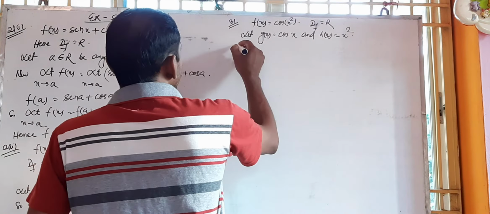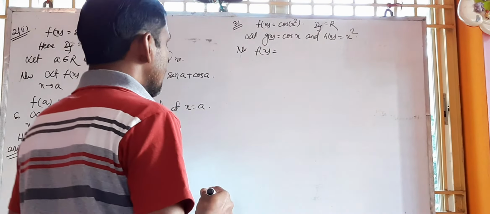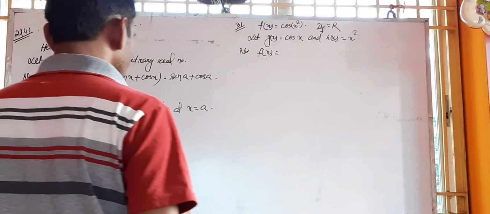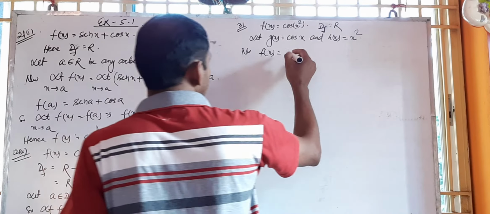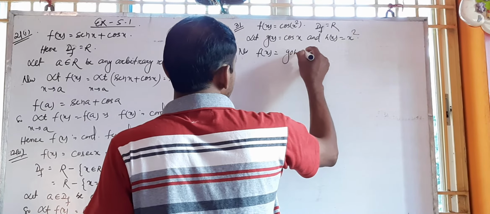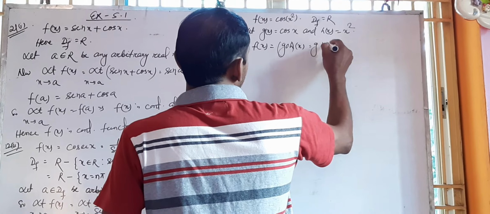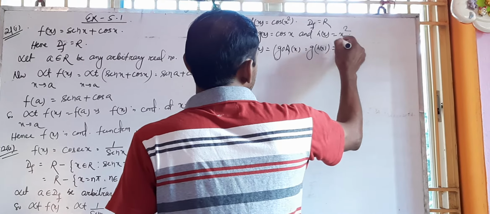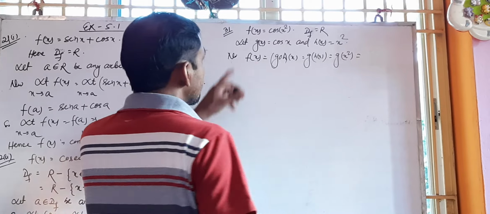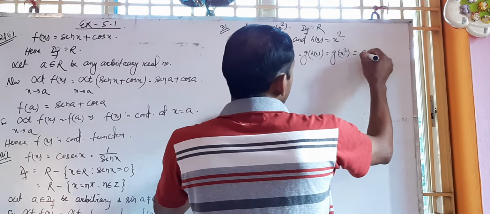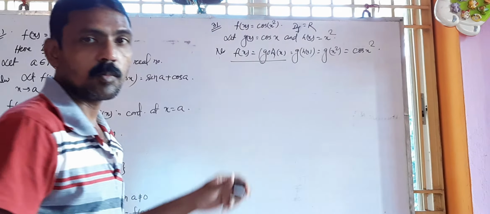Now here f of x will be what, g of h or h of g? It is g of h of x. So g of h of x is what? x square. Now what is g of x? It is cos x. So it is cos x square, meaning f of x is g of h of x, a composite.